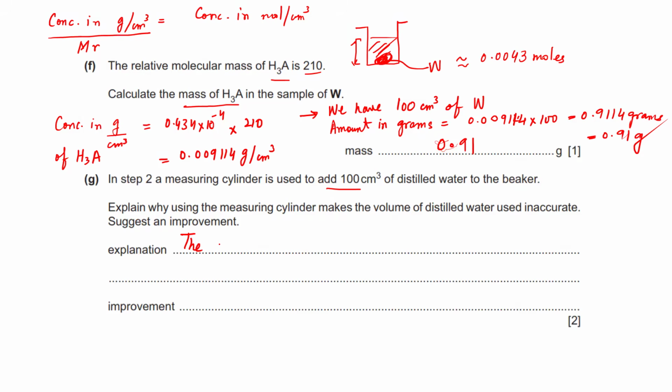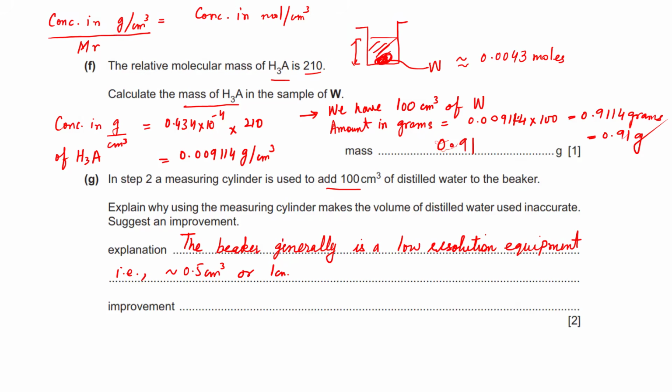So this is the right explanation. The measuring cylinder generally is a low resolution equipment, for example, calibrated up to 0.5 centimeter cube or 1 centimeter cube. Okay.